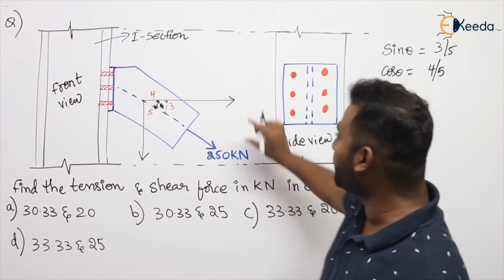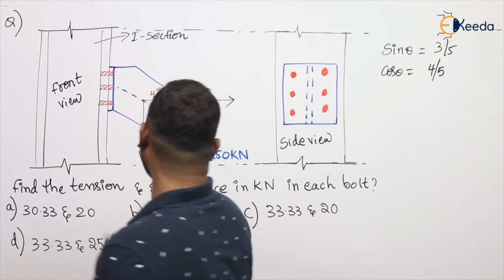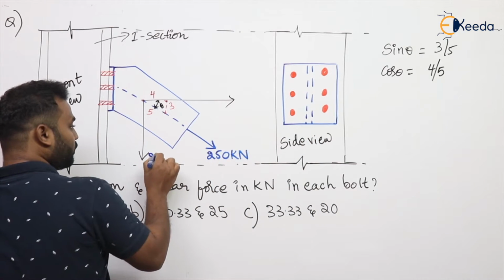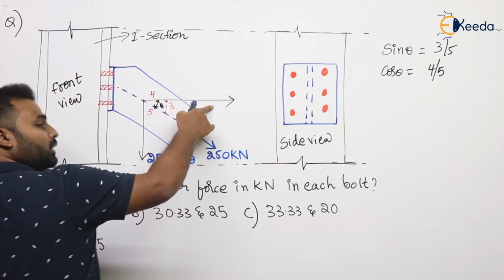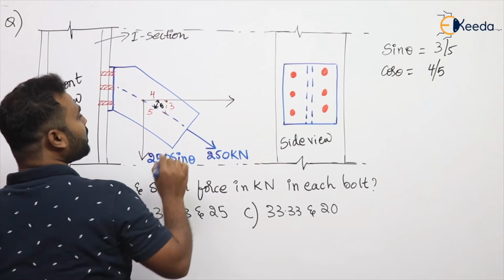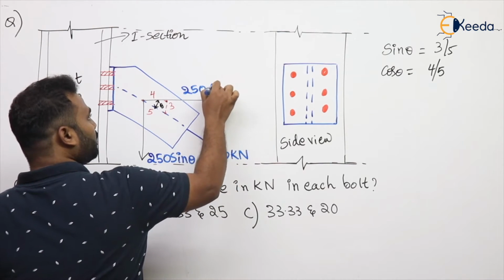Now, the tangential component of this 250 is nothing but 250 sin theta, and the normal component of this 250 is 250 cos theta.